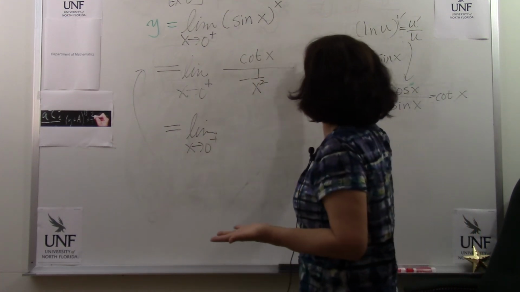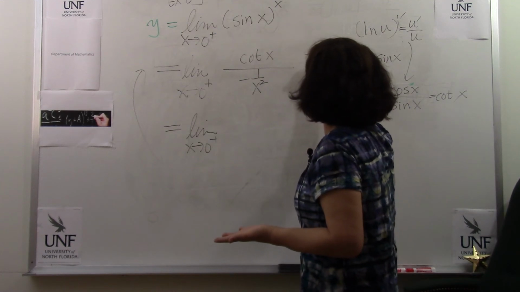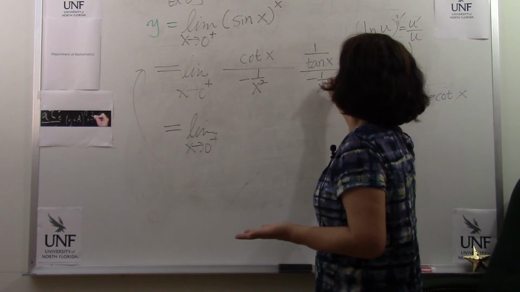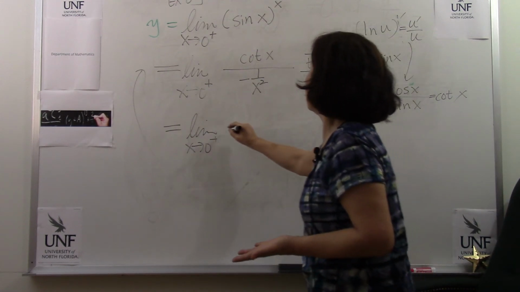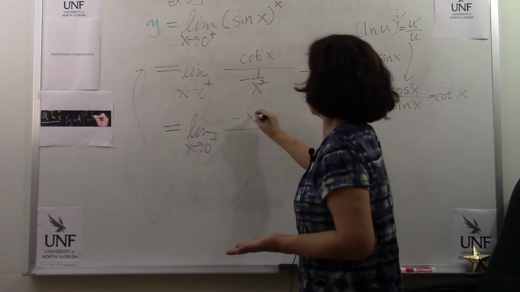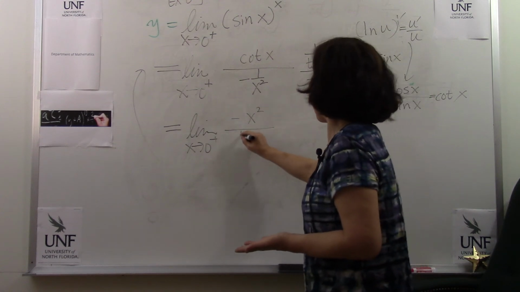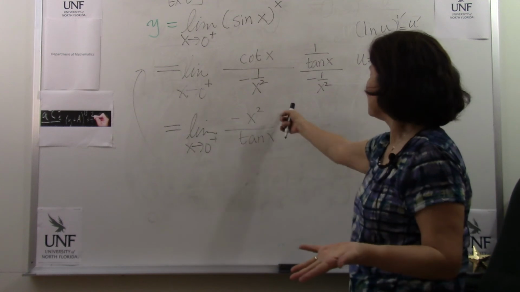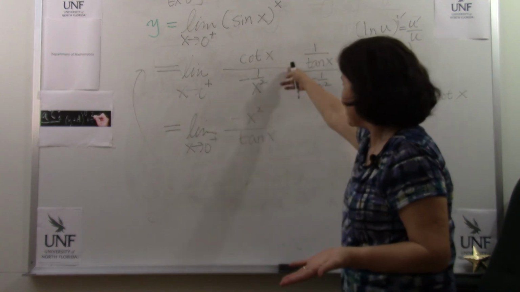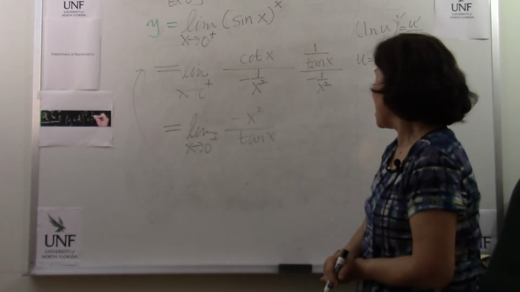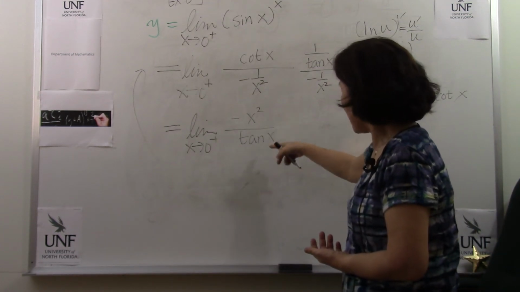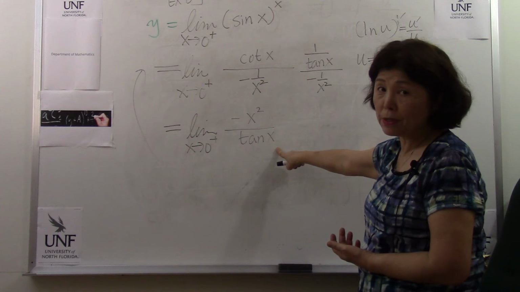So cotangent is 1 over tangent, is that right? 1 over tangent x. Here is negative 1 over x squared. So we switch the location. So negative x squared goes to top and the tangent x goes to bottom. It's easier to think than this. Alright? So this one goes to 0 and tangent 0 is also 0.